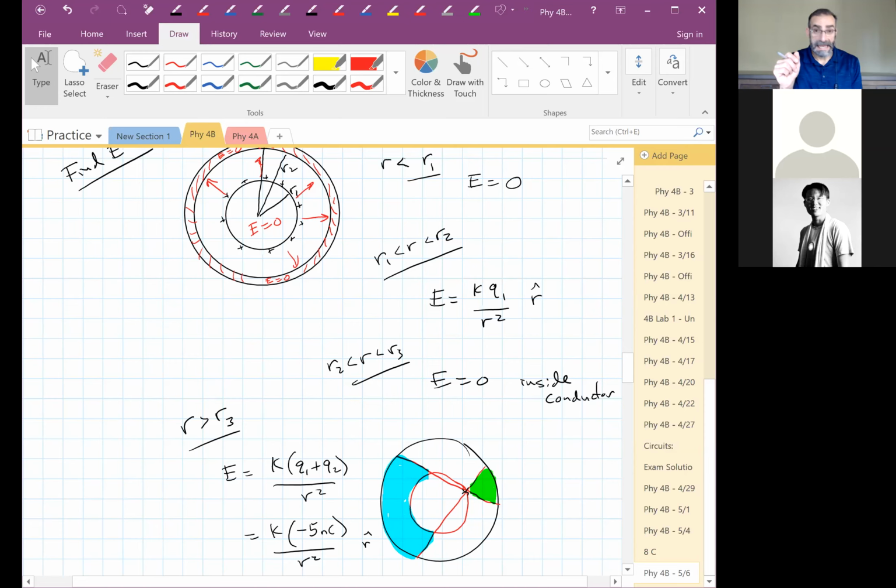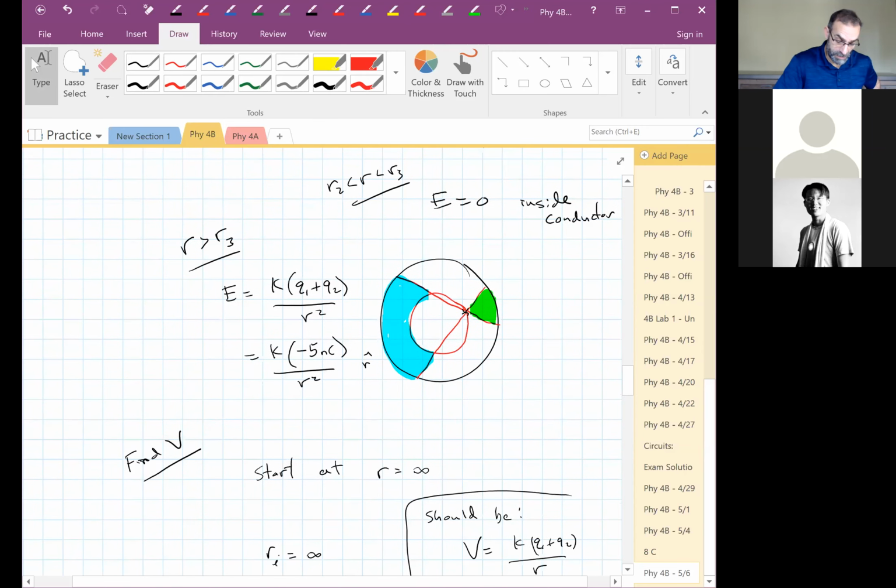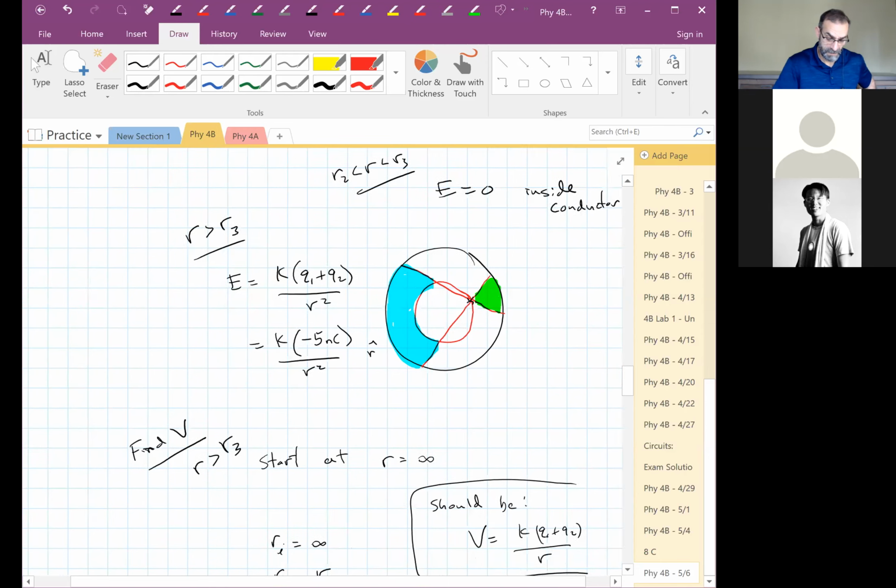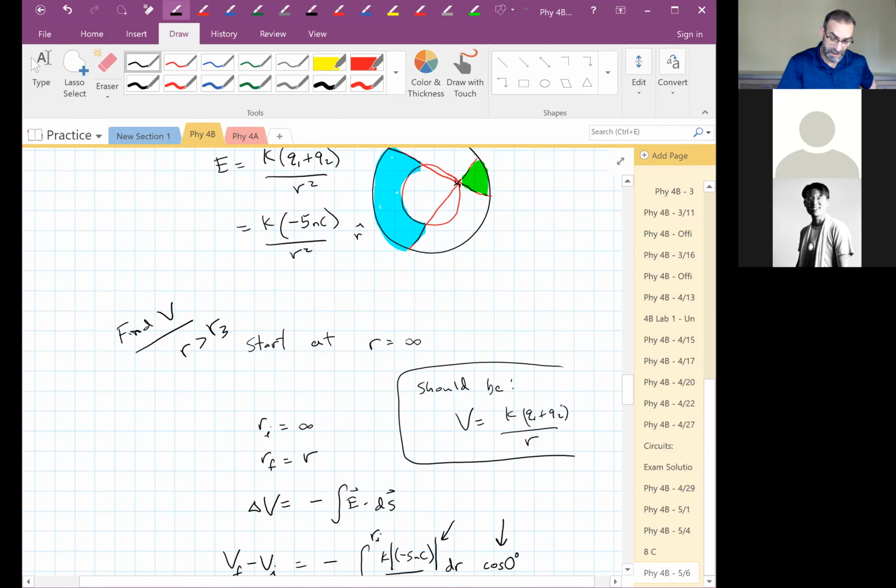Okay, now we're just going to pick up where we left off. We're finding V outside of R3, R greater than R3. And we know what it has to be. It has to be this value right here.